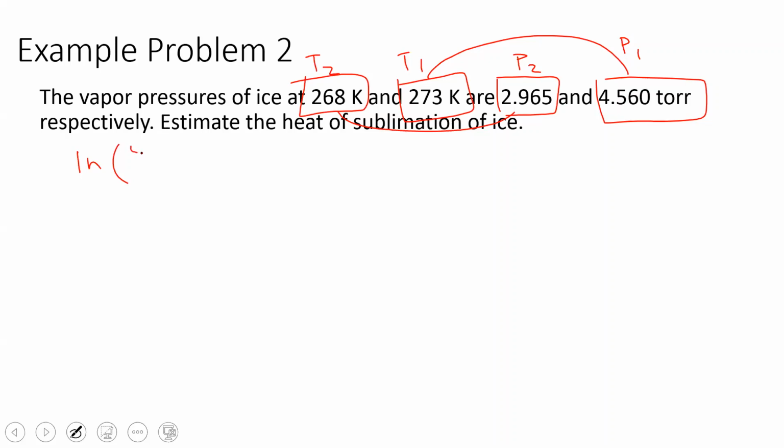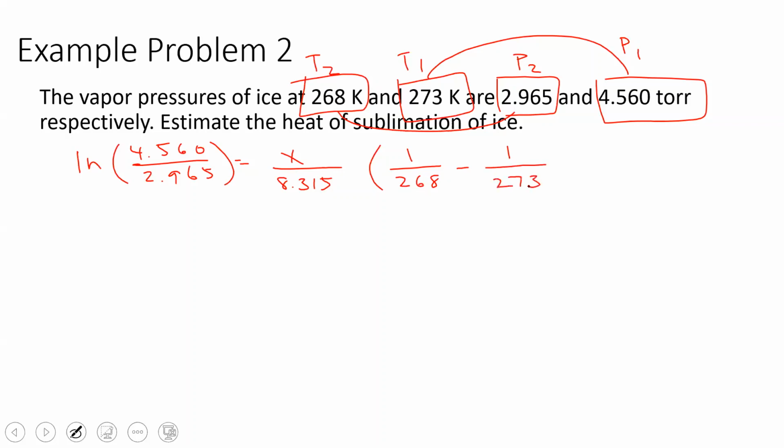We get 4.560 over 2.965. That's equivalent to, again, we don't know this, so I'll just use the term x over 8.315, and then we're going to put 1 over 268 minus 1 over 273.